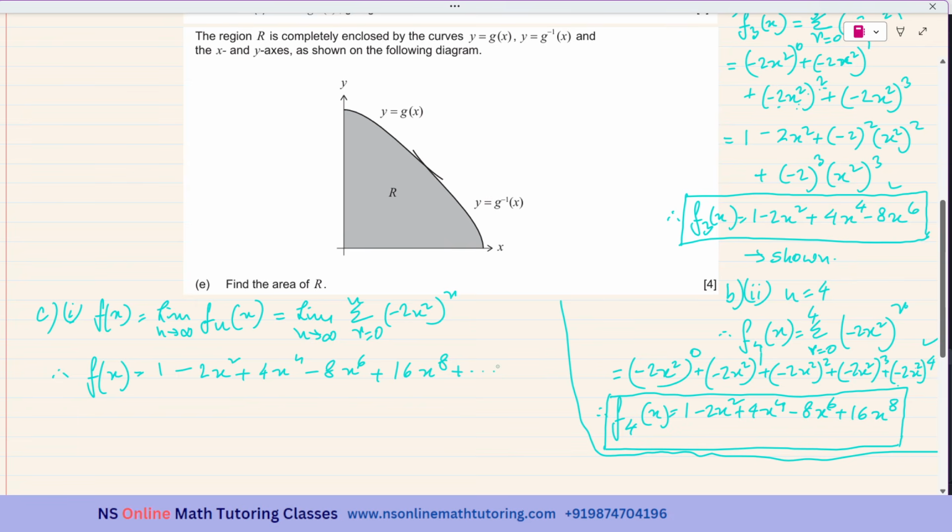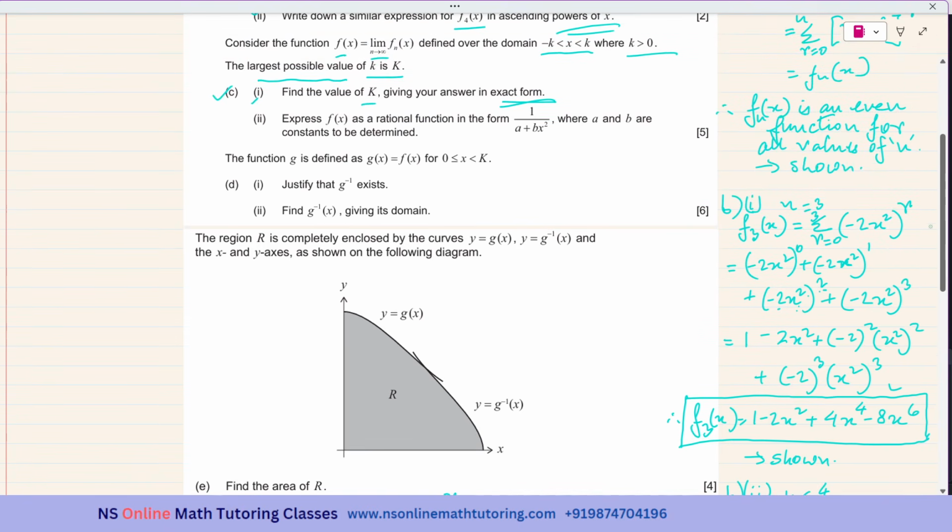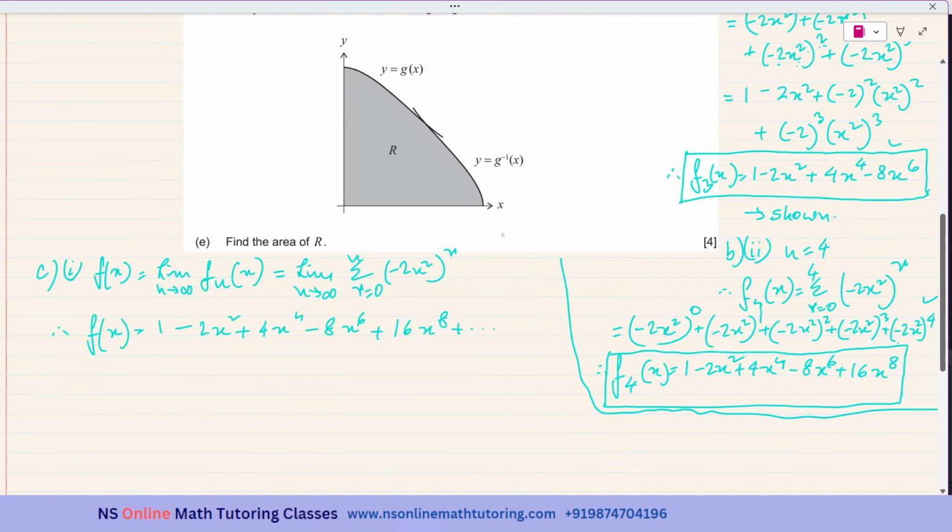And we have to get the value of positive k. So x is between negative k and positive k, and k is a positive number greater than 0.